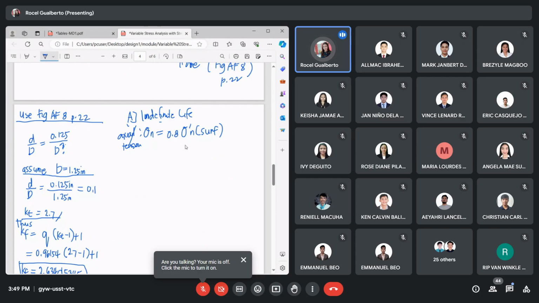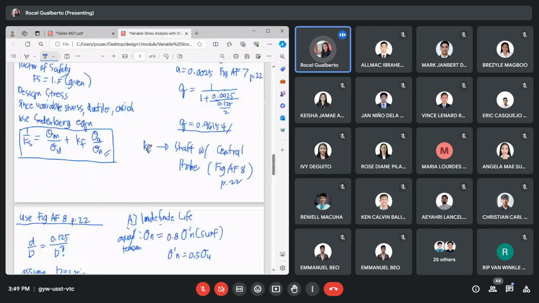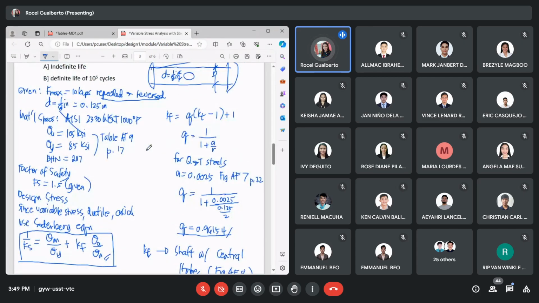Tingnan ninyo na lang po doon sa notes natin. You get first sigma prime n, this is the endurance limit. This is simply equal to 0.5 of sigma u. Why? Because the BHN po niya is 207, less than 400.